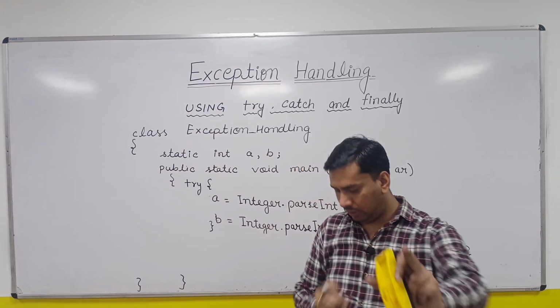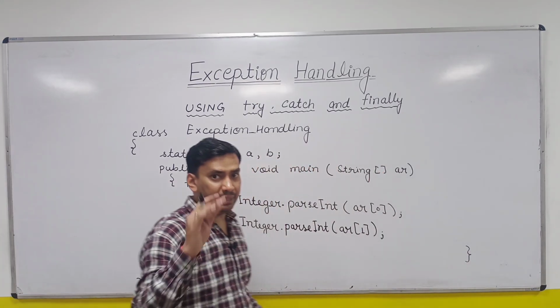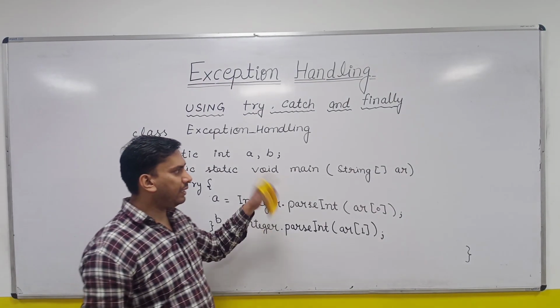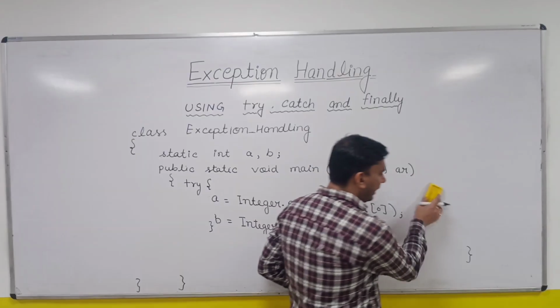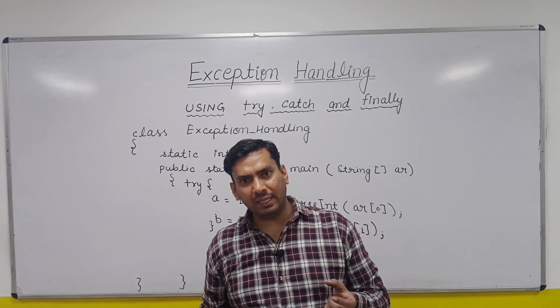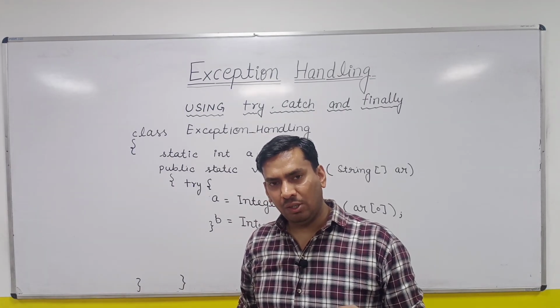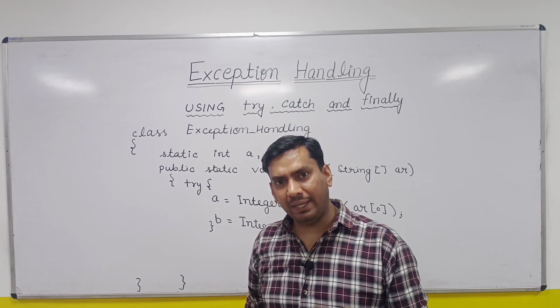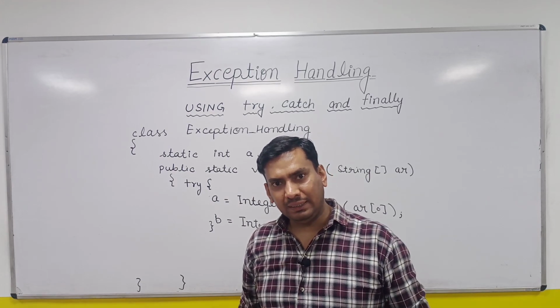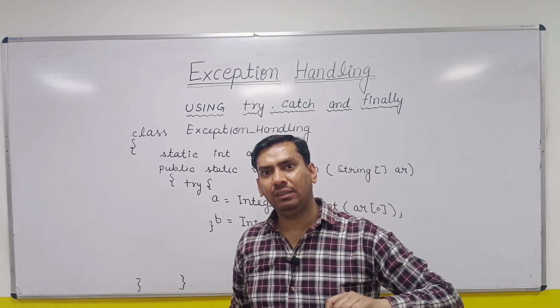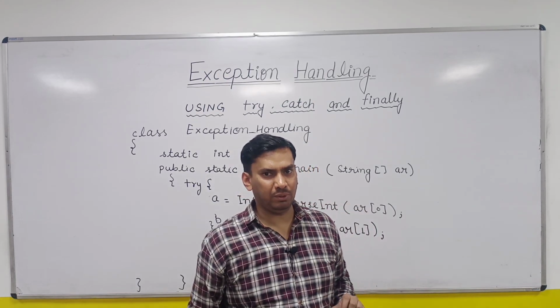So there is a rule regarding the catch blocks to be written. Generally the catch blocks can be written in any order, but if you are writing a catch block of child type as well as a catch block for parent type, the child type catch block must be written above the parent type exception catch block.